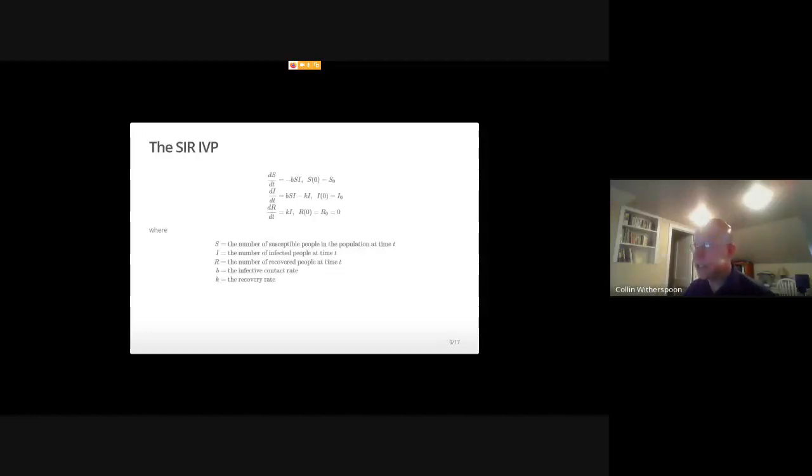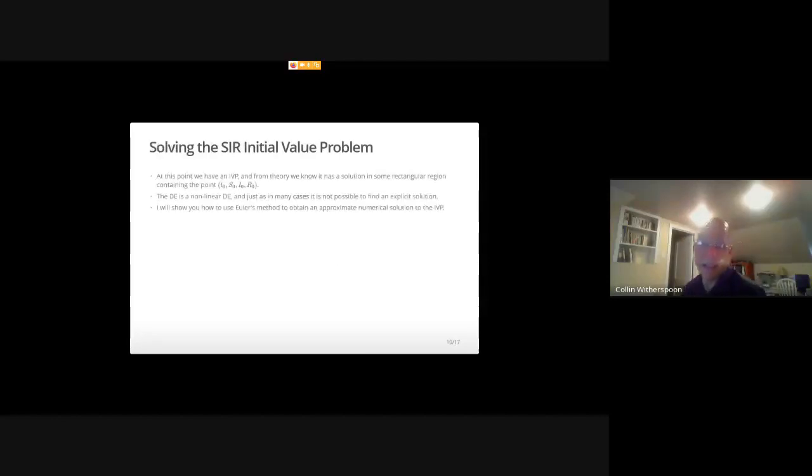In this system, each of these differential equations is continuous, so we don't have any issues. It will have a solution in this rectangular region, but think about it, it's 4-dimensional, so it's not really an actual rectangle in the plane, okay? But we still call it a rectangular region. But note the DE is definitely nonlinear, okay?